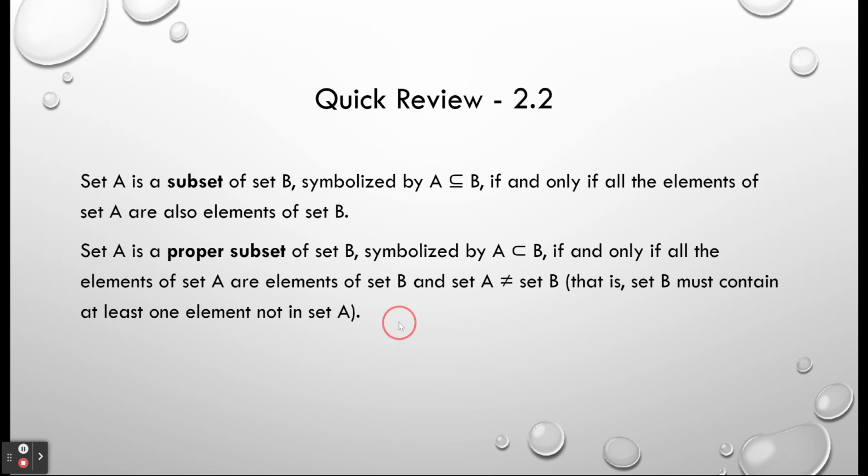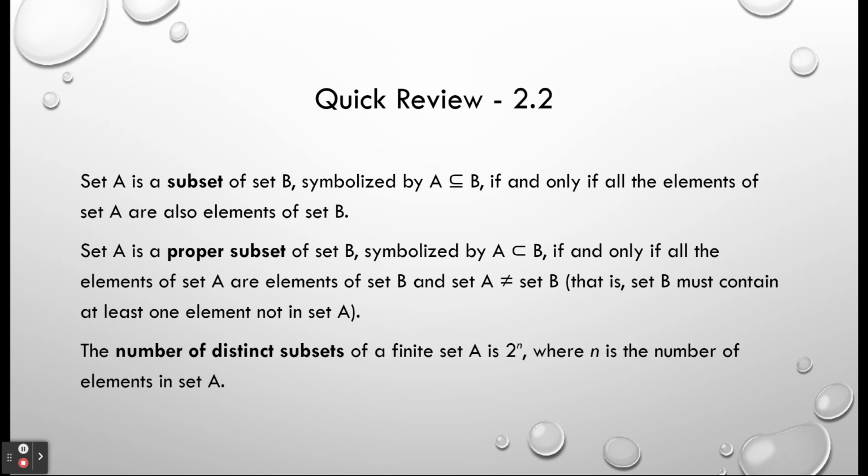Third point here: the number of distinct subsets of a finite set A is 2 to the power of n, where n is the number of elements in the set. As you read through lesson 2.2, you'll get to the part about the Wendy's burger, which I thought was kind of cool.